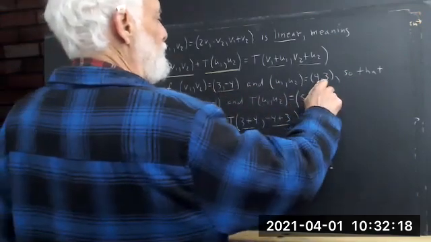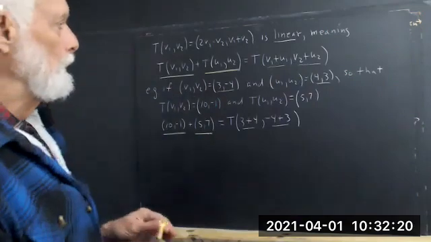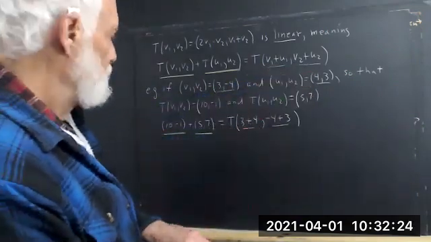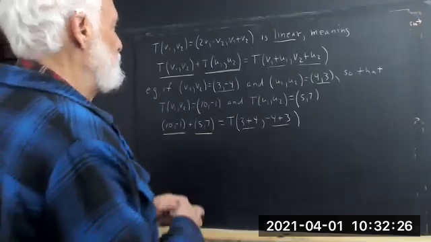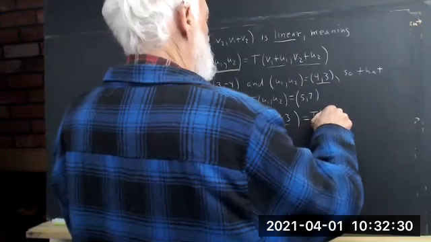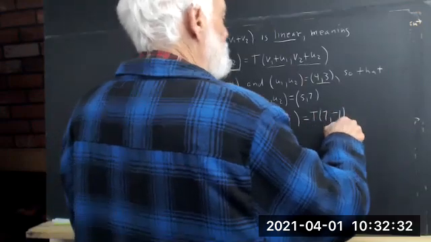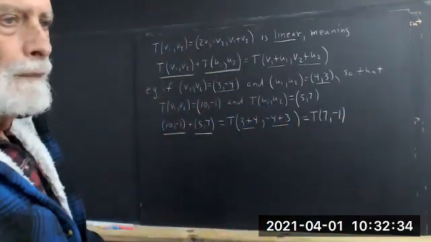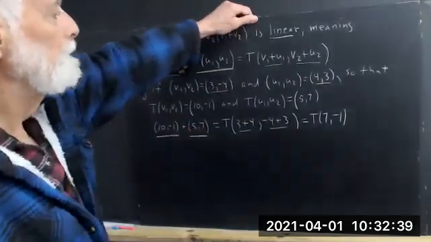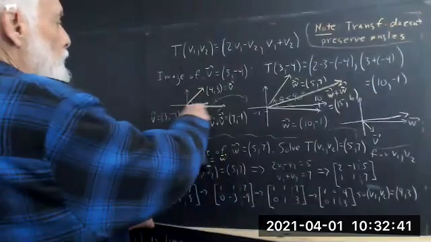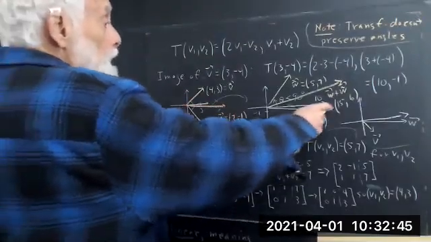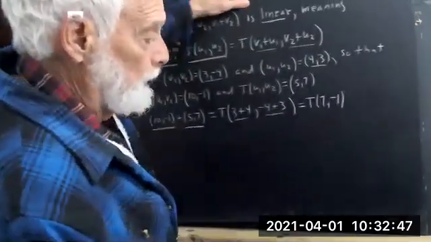So you can think through this expression gives you this. And of course, then that would be T of 7, negative 1. And remember, 7, negative 1 was here. So we're seeing if transforming this 7, negative 1 will give us our 15, 6.